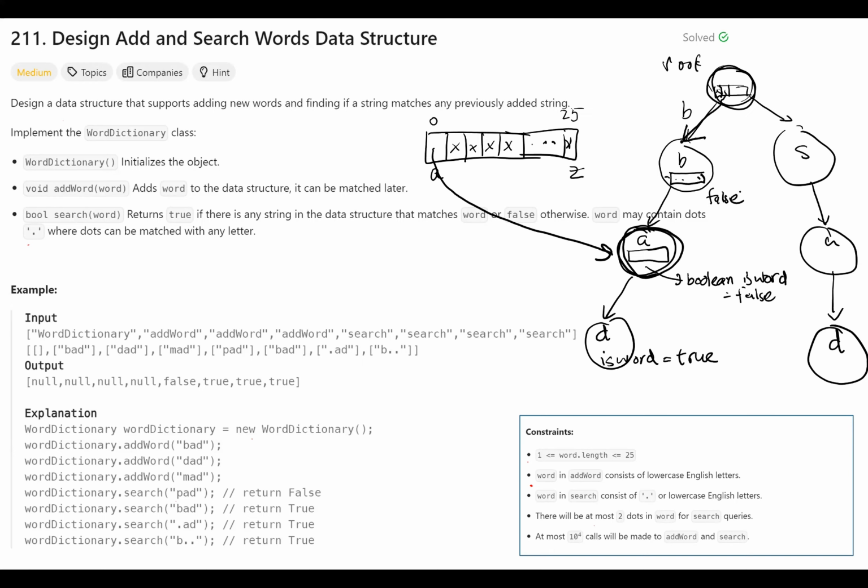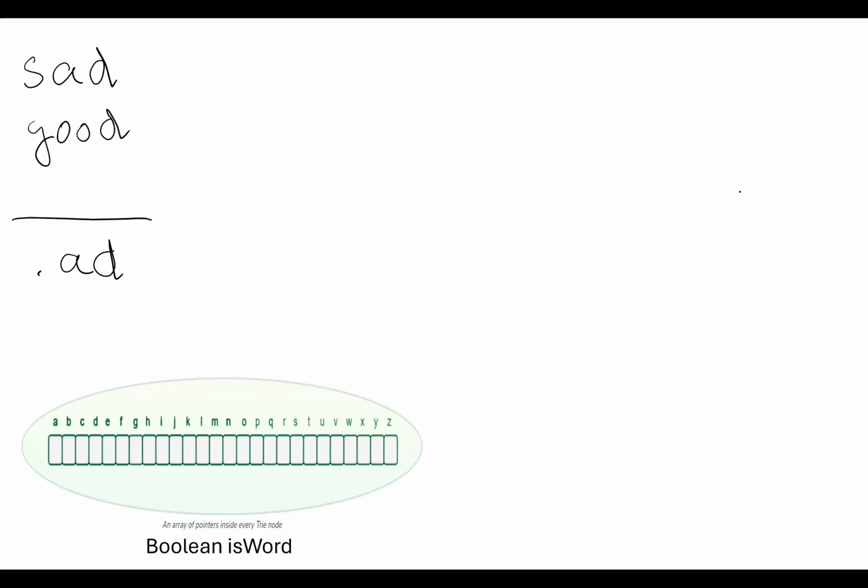Now, let's look at one example. Say we want to insert sad, and then search for, say, let's search for dad and .ad.